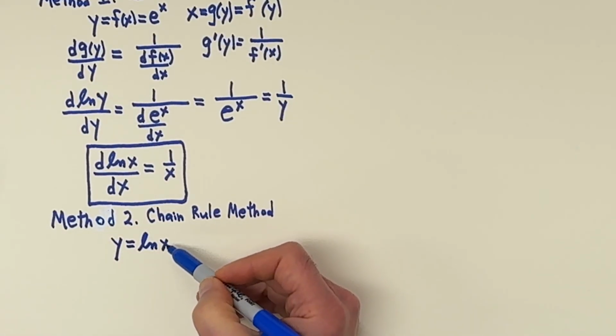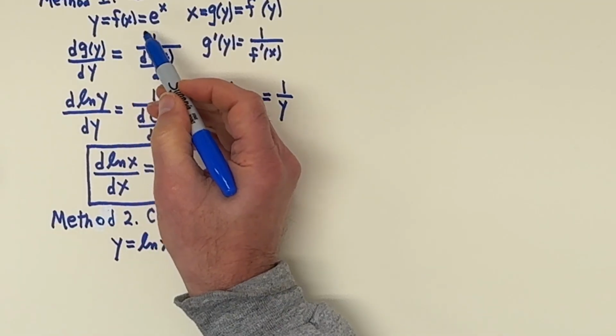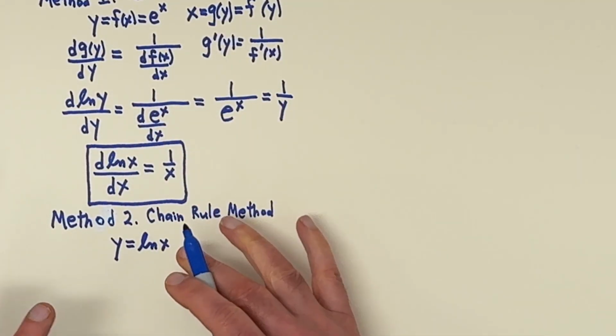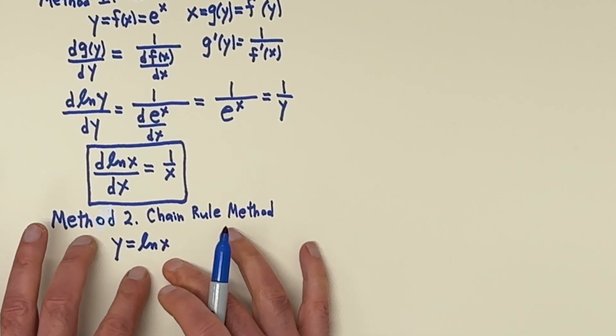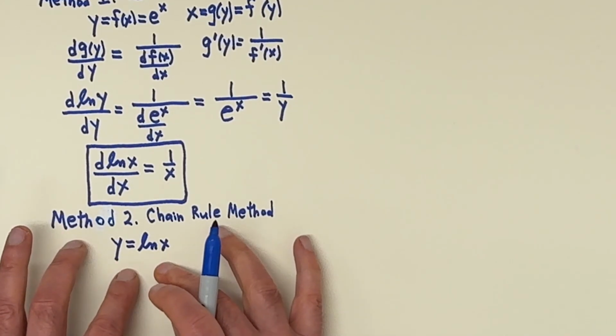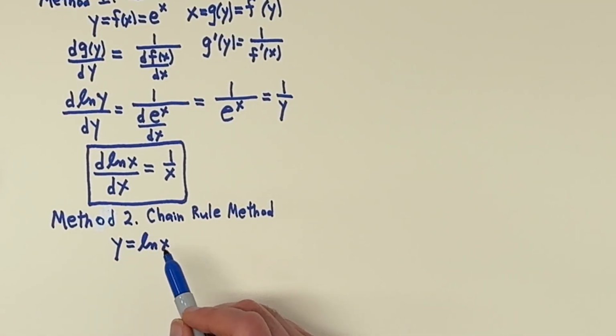Now remember the notation that we used over here, we called y e to the x. So I'm going to have new notation here and start with y equals the natural log of x. So I want to take the derivative of this. And that's the approach that you'll usually see when this method 2 is used.